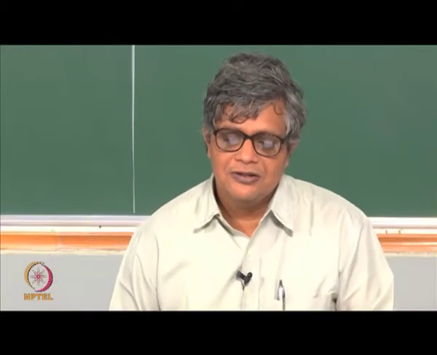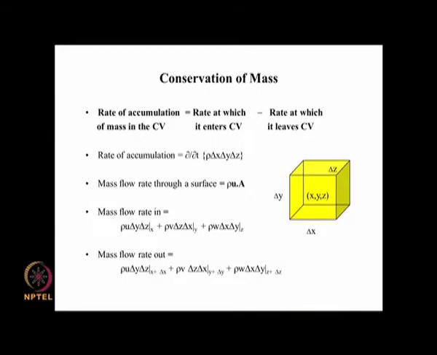So one application of the conservation of mass is what is shown in the slide here. We have a conveniently chosen cubical control volume with origin right here at the back side, with x going in the horizontal right direction, y going in the vertical upward direction, and since we follow the right hand coordinate system, z is coming out towards us.